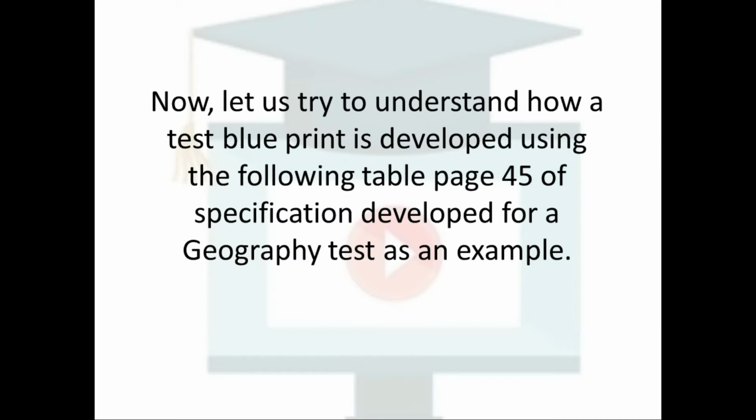Page 45 shows a table of specification developed for a geography test as an example. As can be observed from the table, the rows show the content areas from which the test is to be sampled, and the columns indicate the level of thinking students are required to demonstrate in each of the content areas.